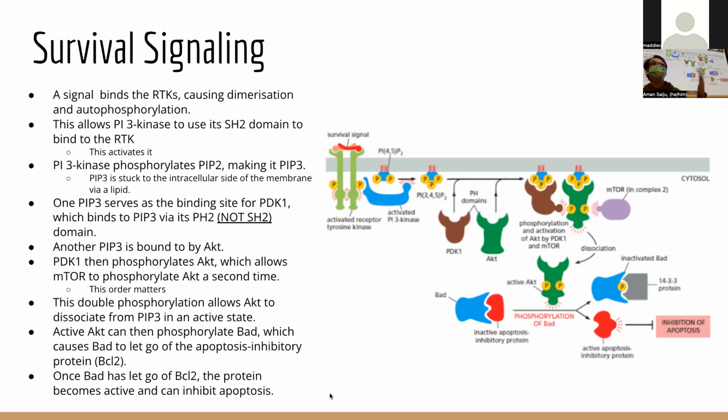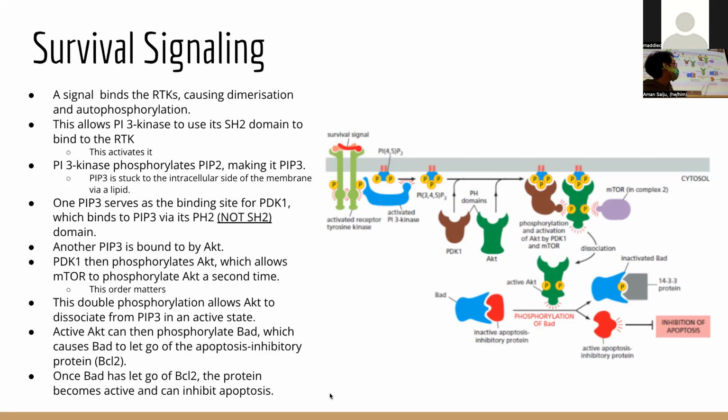So when we go back to the signaling cell, cells only want to be alive if there is a survival signal. Their default is death. How does this happen? There's a protein called BCL2. It's localized on the mitochondrial membrane. When that BCL2 is active, it's able to prevent apoptosis. But when BAD sequesters BCL2, apoptosis will occur.